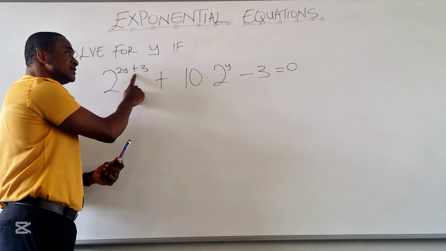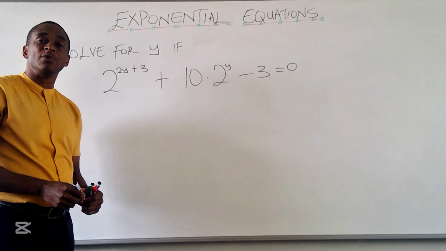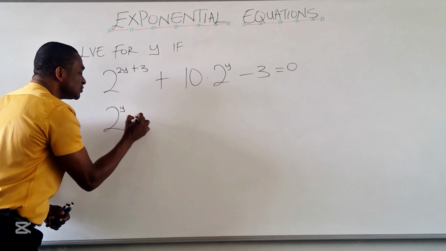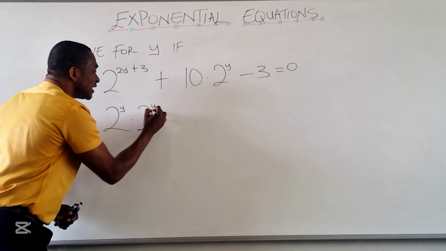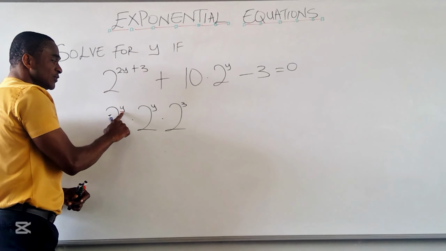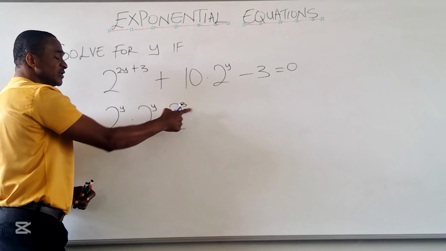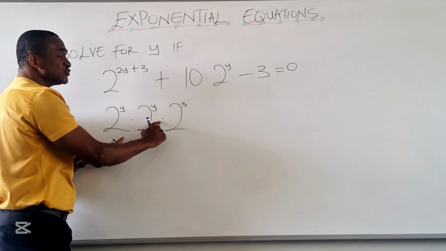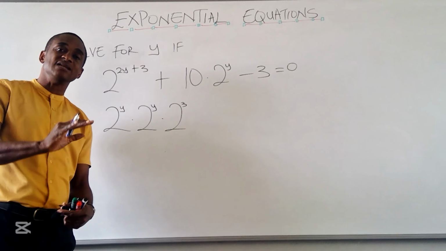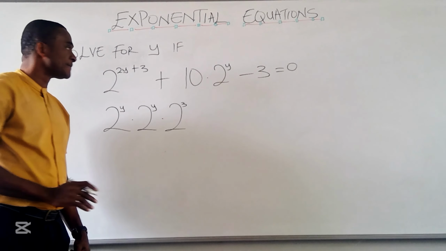So this was added, so we return it back to where we got it from. Here, since we are going back, this is 2 to the y times 2 to the y times 2 to the 3. Now, y plus y is 2y plus 3. Why is it plus 3? Because we are multiplying. So the laws of exponents gave us this. So we are taking it back to where we got it from.